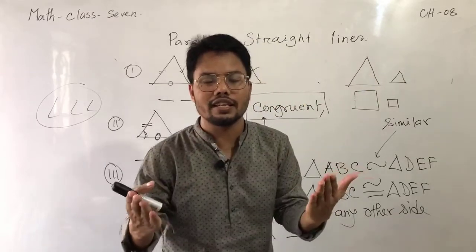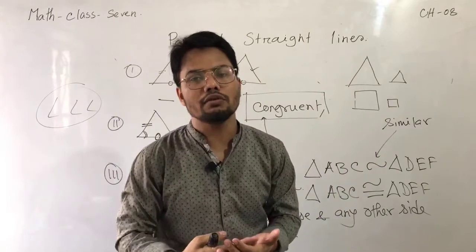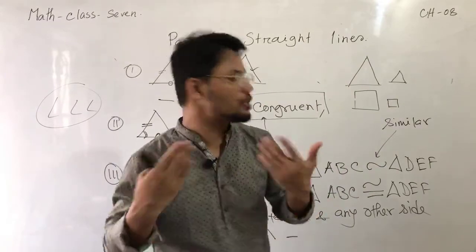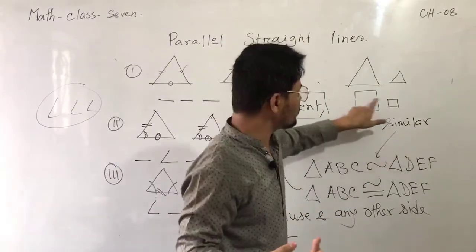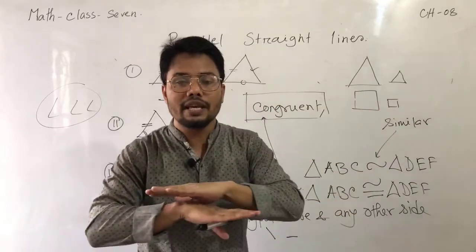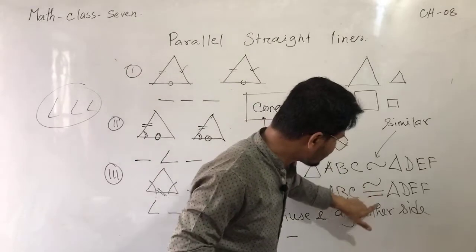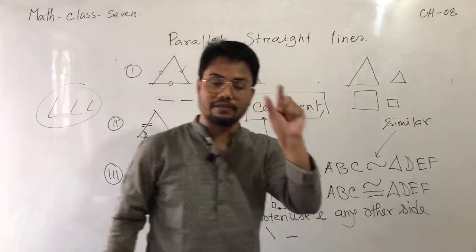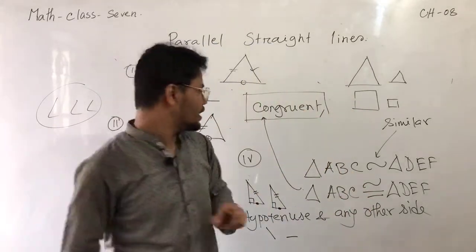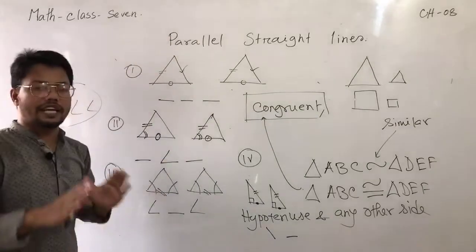So an equilateral triangle may be an equiangular triangle. The equiangular triangles are also similar triangles. This is also similar. So similar may be the same size or not, but in congruent the size must be equal. There are four characteristics.